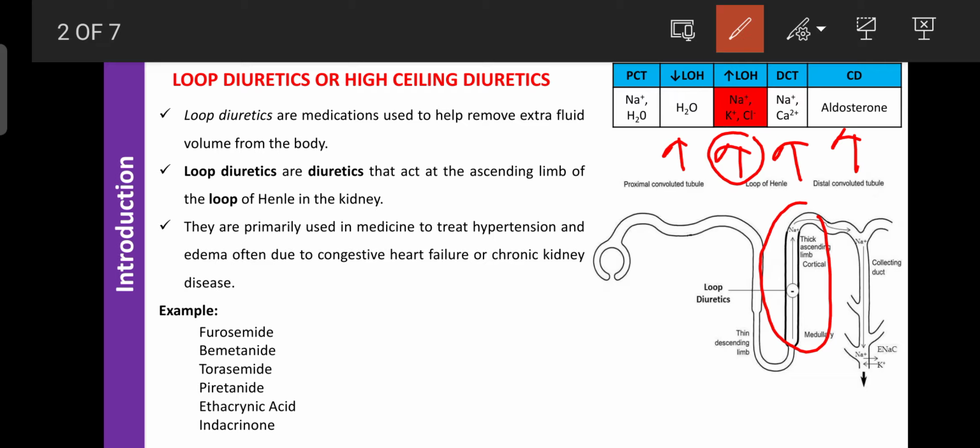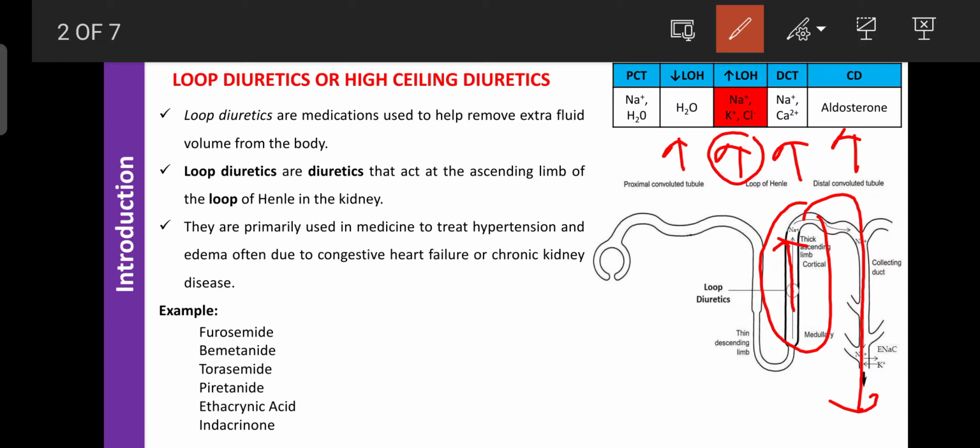So inside the lumen, inside the nephron, accumulation of water, sodium, potassium, and chloride in the urine takes place. That is then collected into the collecting duct, and finally diuresis occurs and they are excreted from the body.